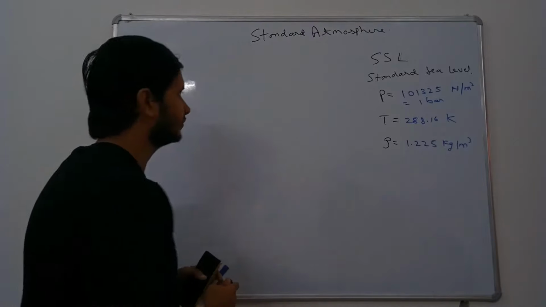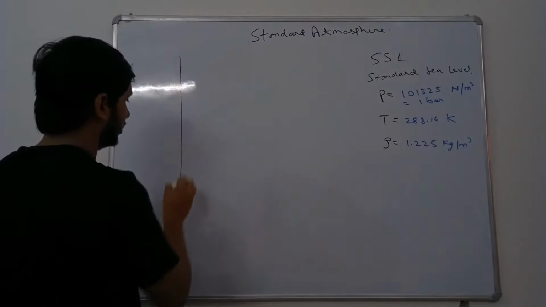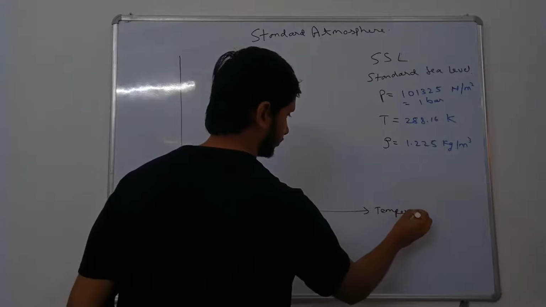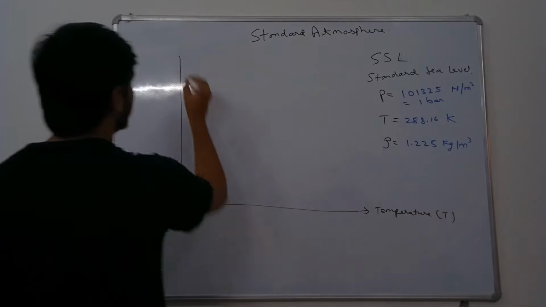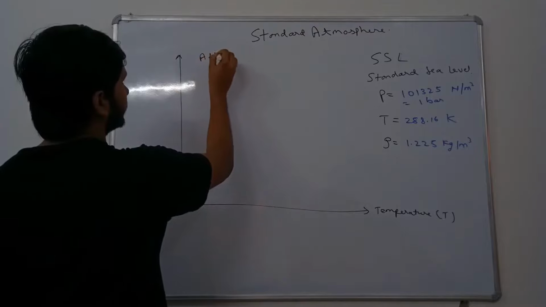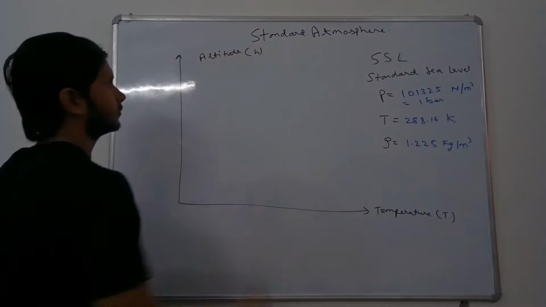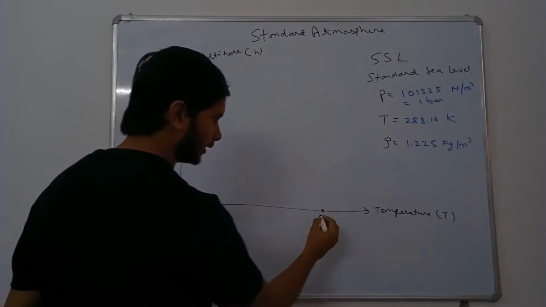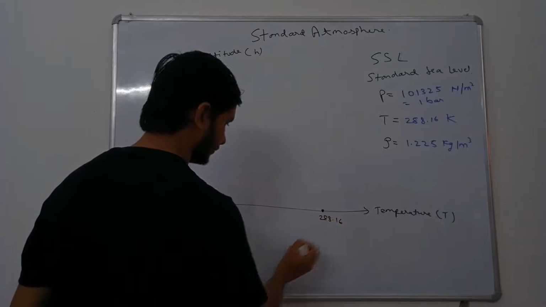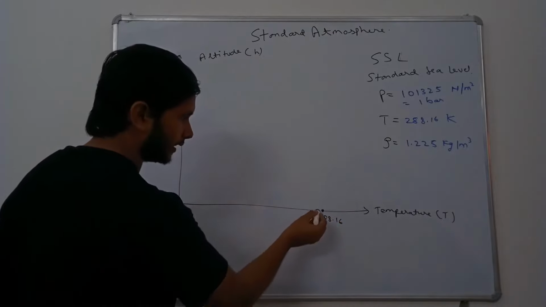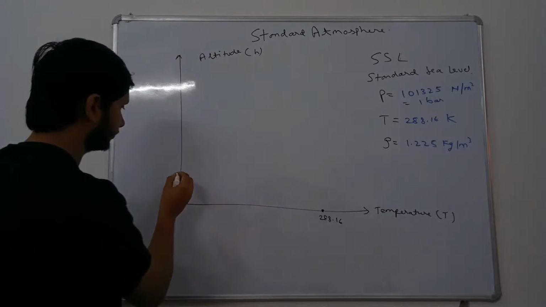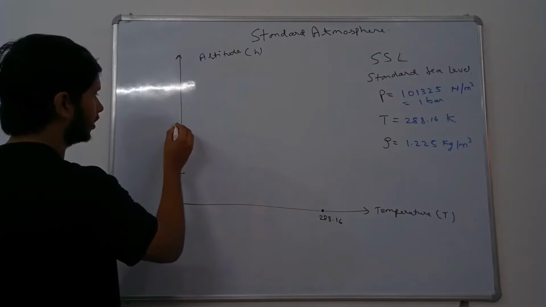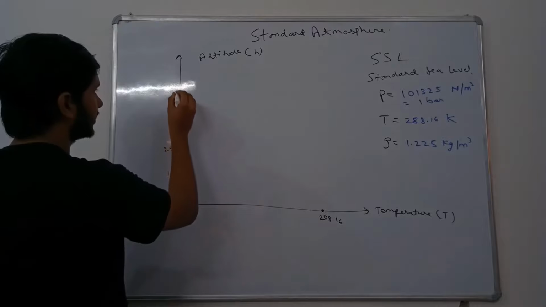Let me make you a graph. Here it's temperature, T, and here it is altitude, H. Suppose this is the point where it is 288.16, and here it is 11 kilometer, here 25 kilometer, then some more distance.